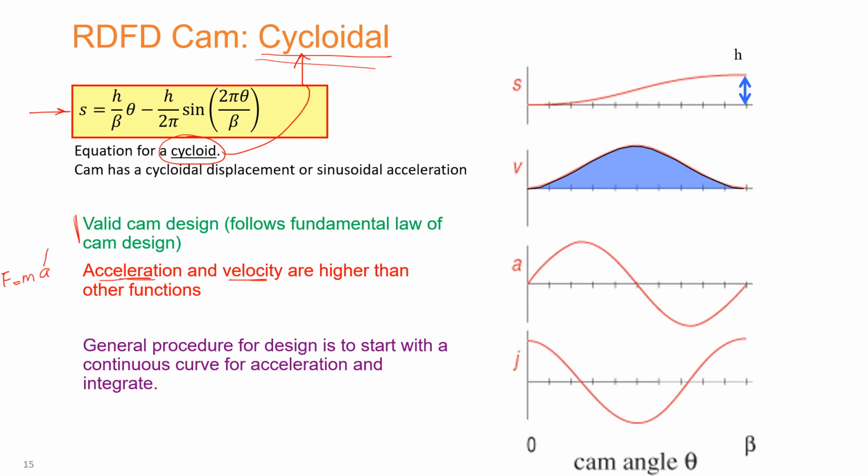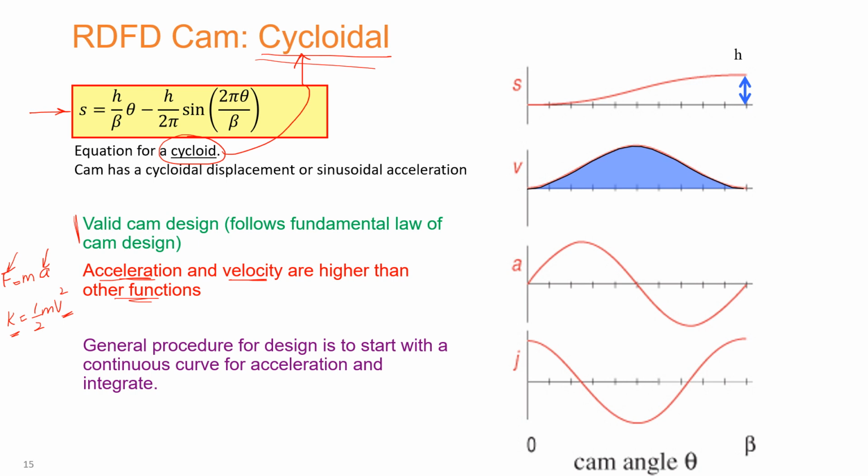So if the acceleration value turns out to be higher than for the other functions, then obviously the force required to run the CAM follower mechanism is going to be higher as well. And similarly for the velocity, if you recall that kinetic energy for a single mass was one half m v squared, if velocity turns out to be higher, the square of velocity is going to be further higher, which raises some concern for the kinetic energy required to run such systems.